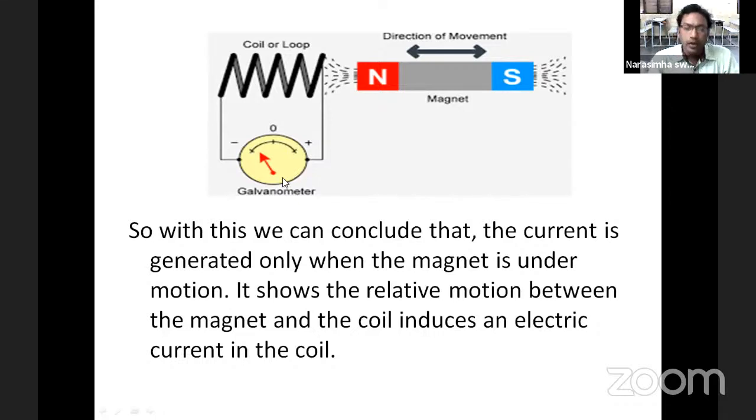So we conclude that the current is generated only when the magnet is under motion. This part is to be understood: the relative motion between the magnet and the coil induces an electric current in the coil.